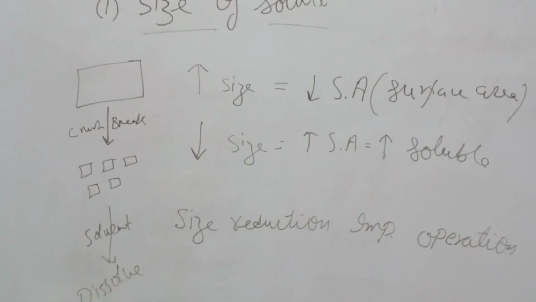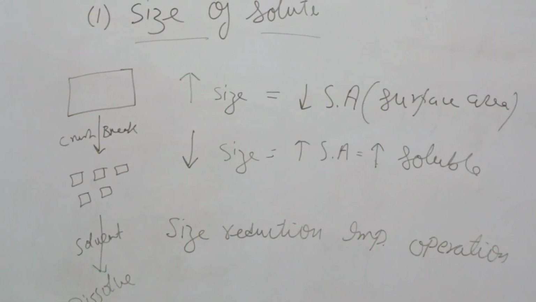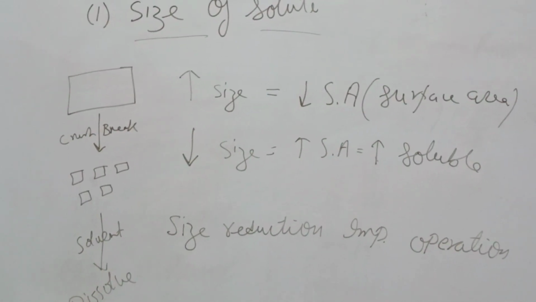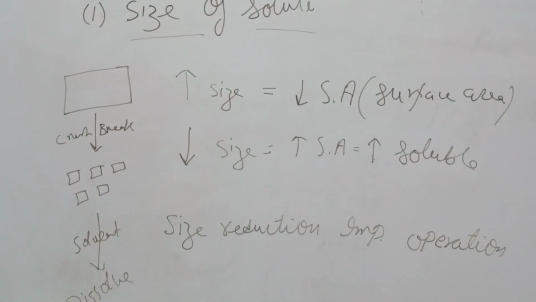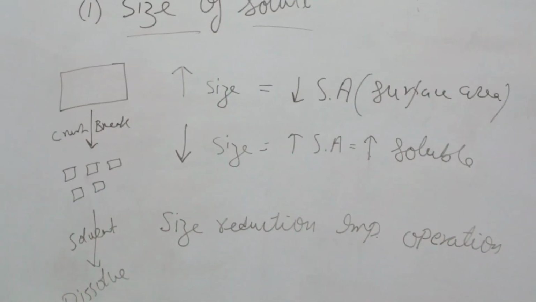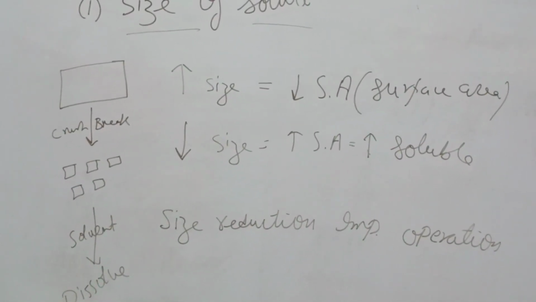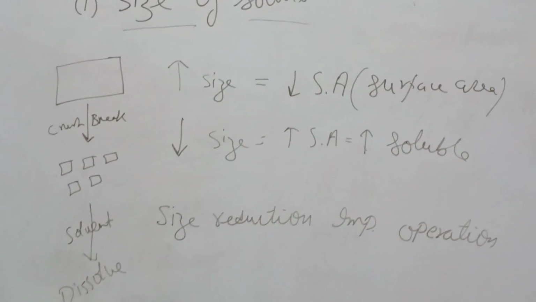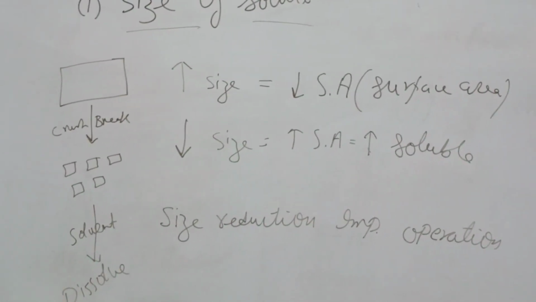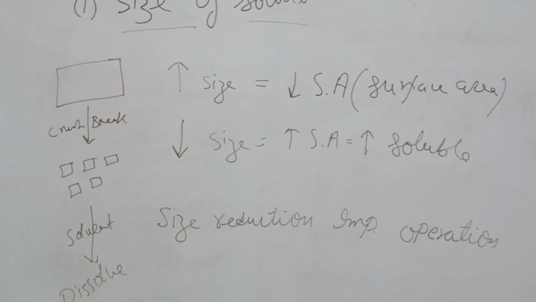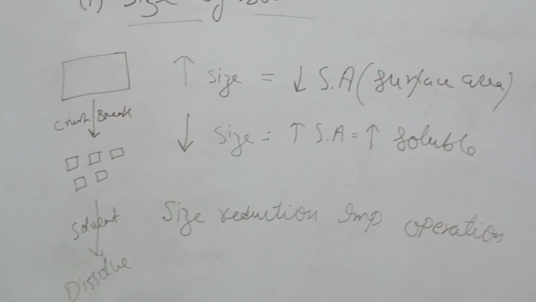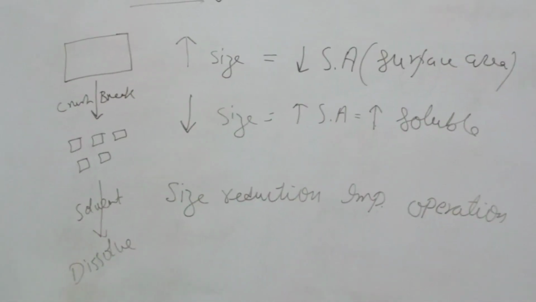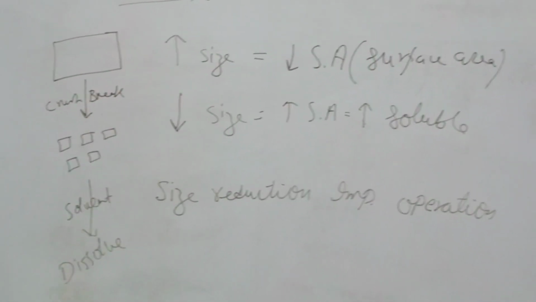And as you can see here, these small blocks have a much greater surface area compared to the large block, so the possibility of solute-solvent interaction increases in the small blocks due to the increase in surface area. And when these small blocks come in contact with the solvent, they get easily dissolved.